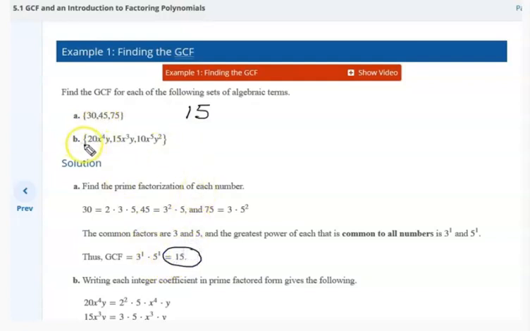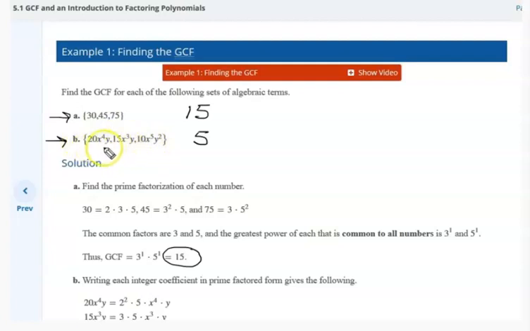Now, for this one in letter B, and again, you've written this down, and now you're writing this down. We have a 20, a 15, and a 10. Well, again, the obvious one that you can take out of each numerical part here is 5. Now, if this was just 10 and 20, you could take out a 10, but 10 doesn't come out of 15.